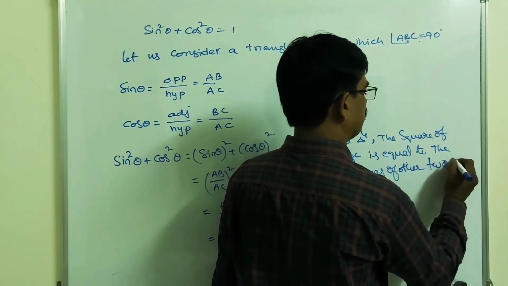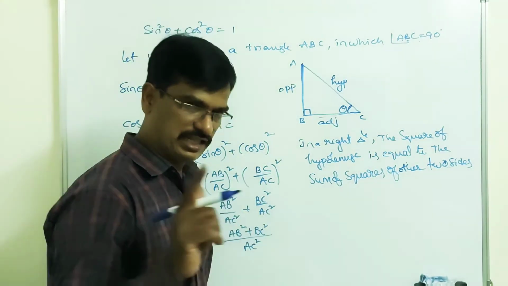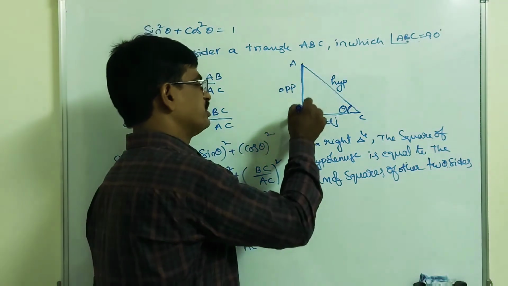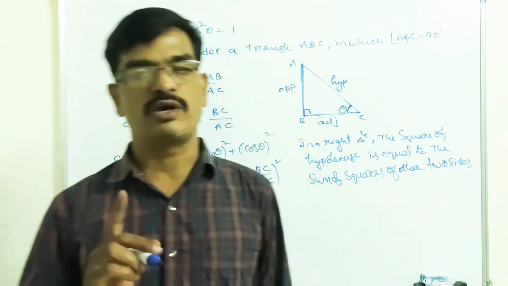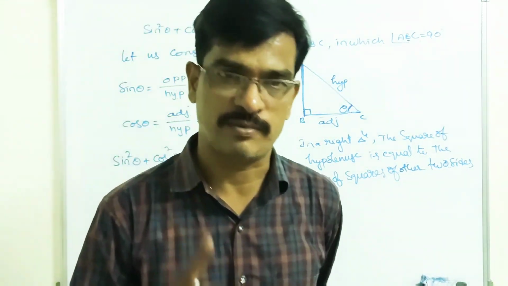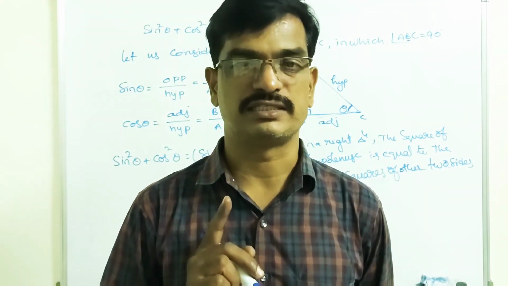What are the other two sides? The perpendicular sides. What are the perpendicular sides? BA and BC. So in a right triangle, the square of the hypotenuse is the sum of squares of the perpendicular sides.